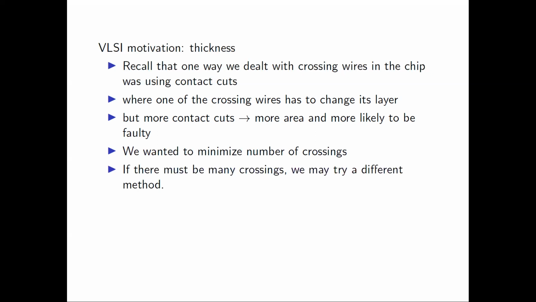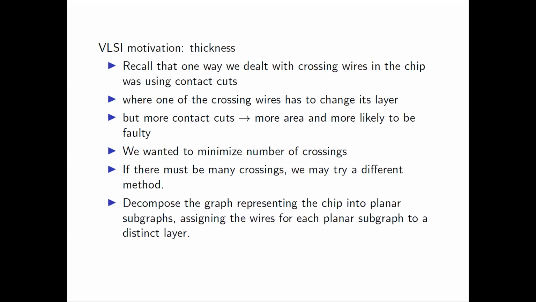So instead of trying to minimize the number of crossings, we can decompose the graph that we are representing the chip with. We decompose it into a bunch of planar subgraphs. So we're decomposing our circuit into a bunch of planar subcircuits. And for each of the planar subgraphs, we assign the wires in that planar subgraph to a distinct layer.